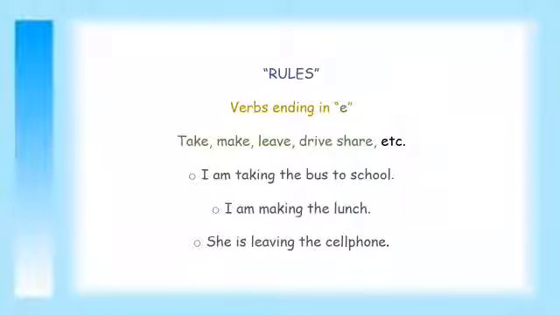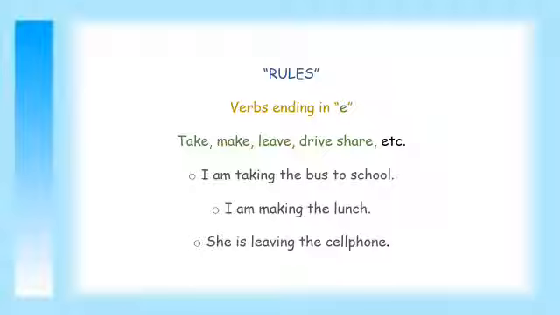Okay, another important thing is that the present progressive or present continuous has some rules. For example, the first one says that for verbs ending in E, for example take, make, live, drive, share.